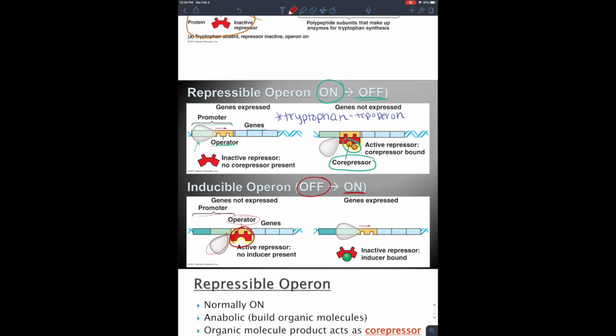But this is inducible, so that piece is going to fall off, open up that operator, and we can continue doing our transcription. When we talk about an inducible operon, we're going to talk particularly about the lac operon, and that lac stands for lactose.